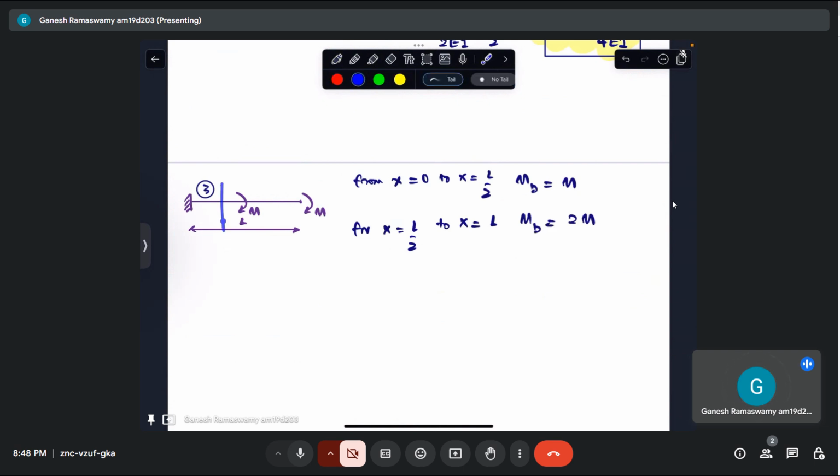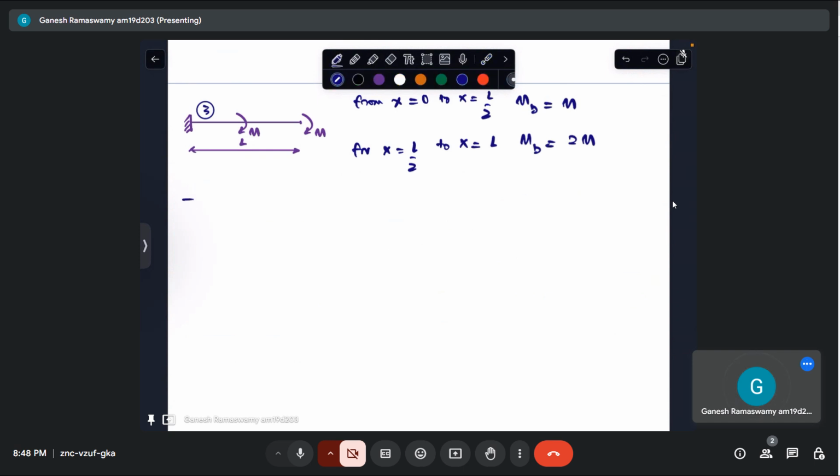Any section cut here would have to support these two moments, so that will be 2M. So in that case, U3 will be the integration from x equal to 0 to L by 2 of M squared by 2EI dx, plus from L by 2 to L, (2M) squared by 2EI dx. So that is all there is.